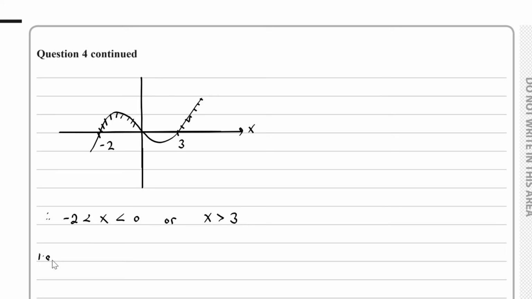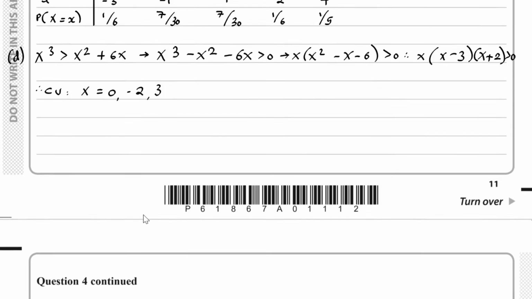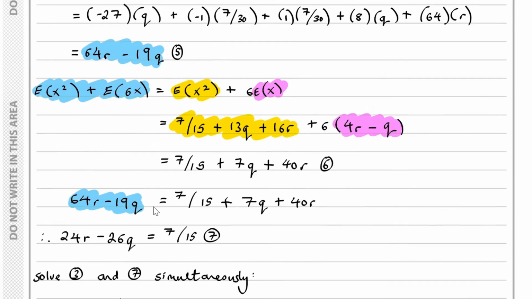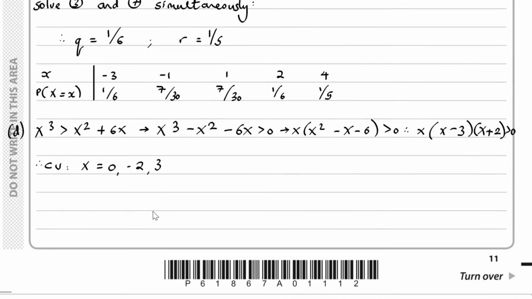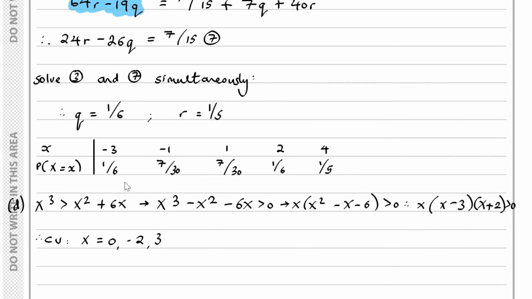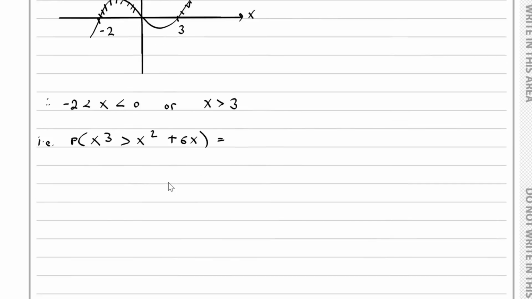So in other words, the probability that x cubed is greater than x squared plus 6x, well, in between minus 2 and 0, if you go back to this table here, in between minus 2 and 0, that would be this minus 1 from that table.